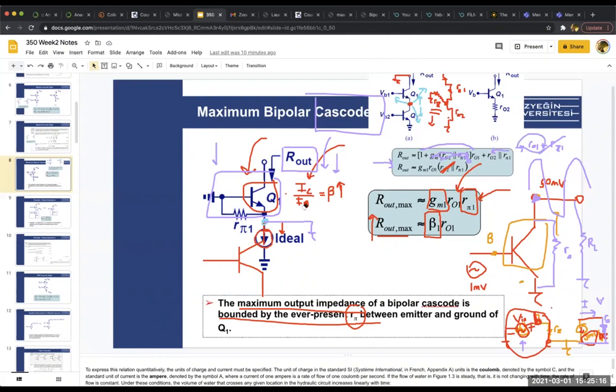Well, it makes sense, right? Because what we did is connect that part to ground. We basically ignored this entire circuit. It makes sense in terms of what we solved, because what we see is only RO1. We're only seeing this resistance.